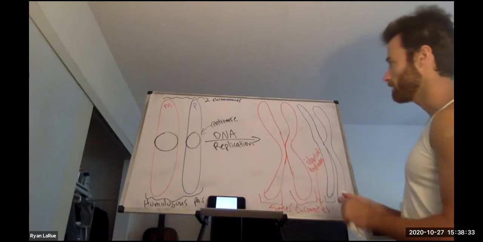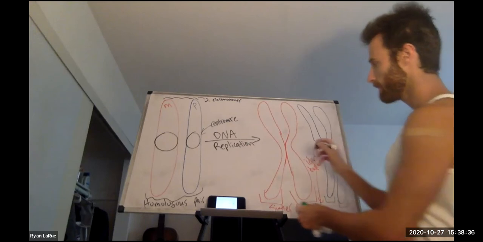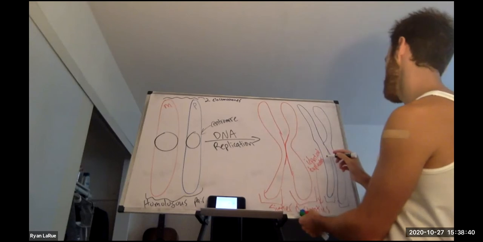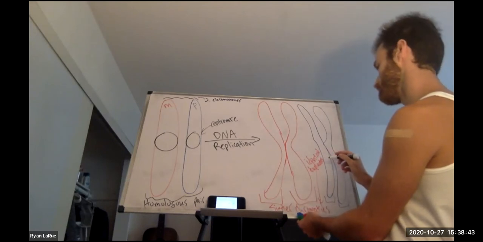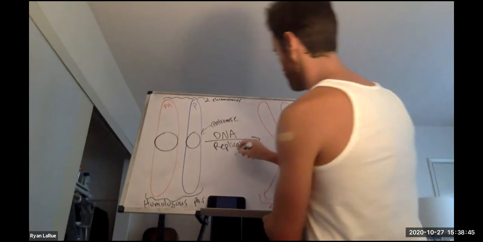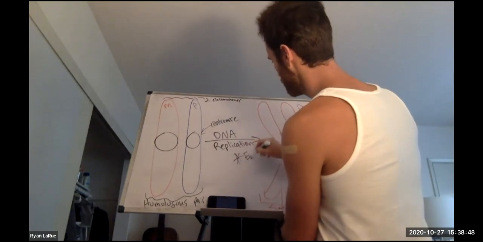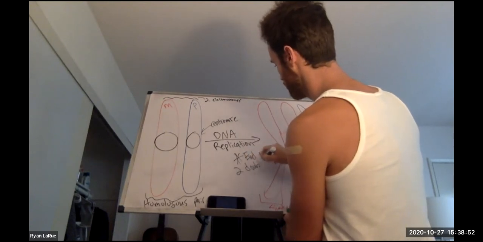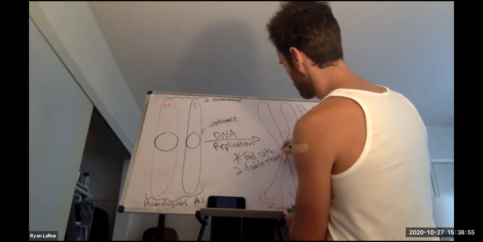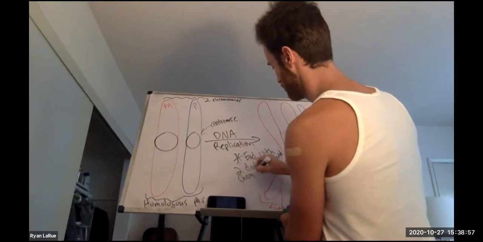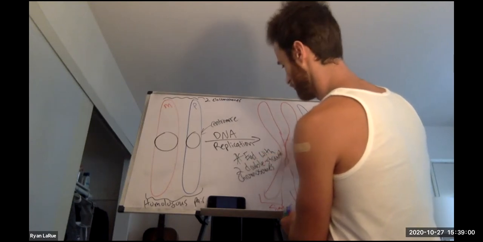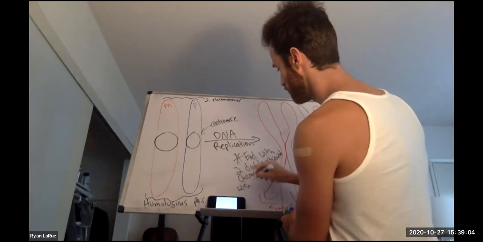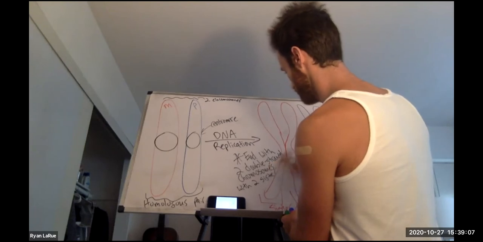So I'm going to write, where can I fit it? I'll do it here. End with 2 double-stranded chromosomes and I'll add with 2 sister chromatids each.